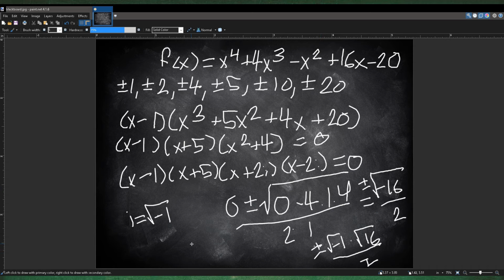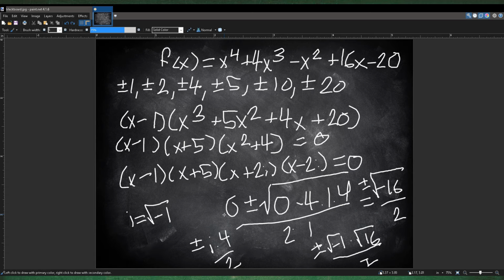So now we have plus or minus square root of negative 1, which is i, because we just substitute it in. And square root of 16 is just 4. So we just multiply by 4, divide by 2. So that's equal to plus or minus 2i, right? So the factors are 2i and negative 2i, which is the same thing as right here. And that's basically how you do it.